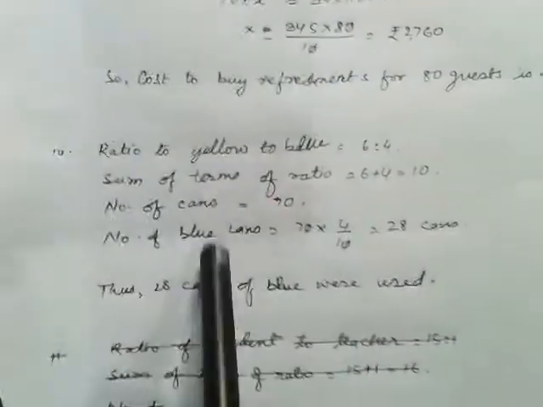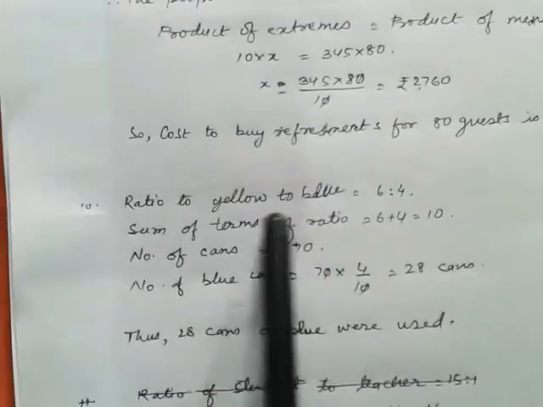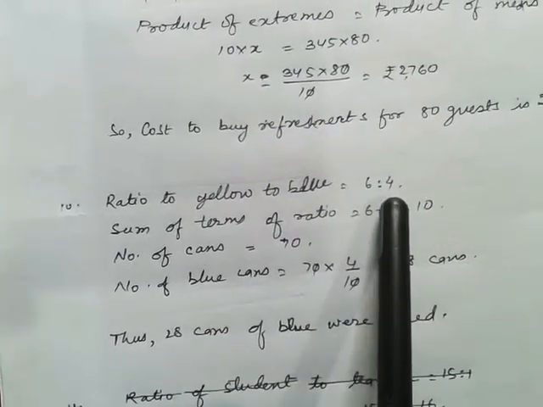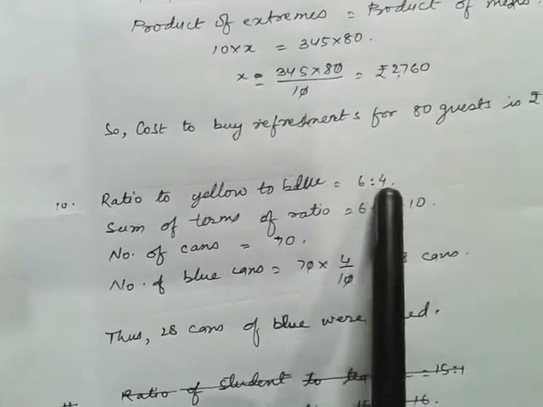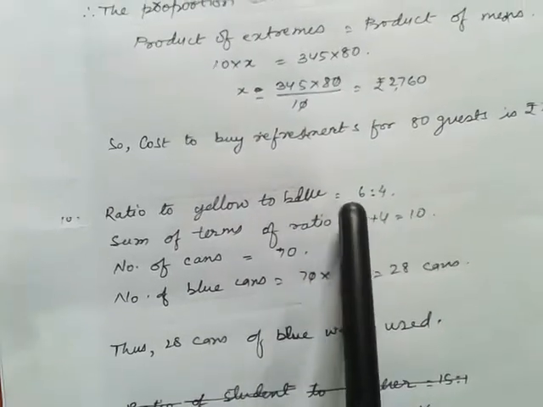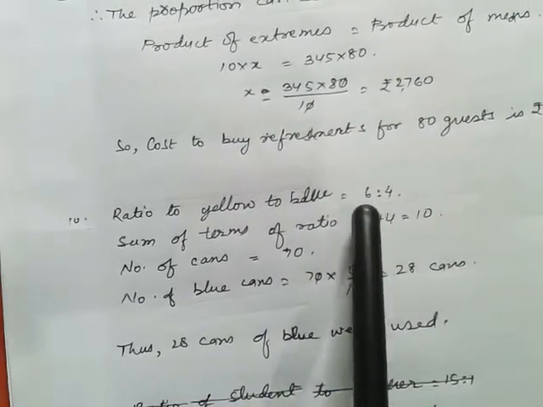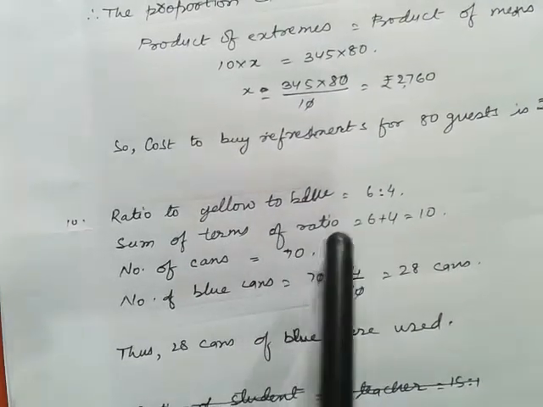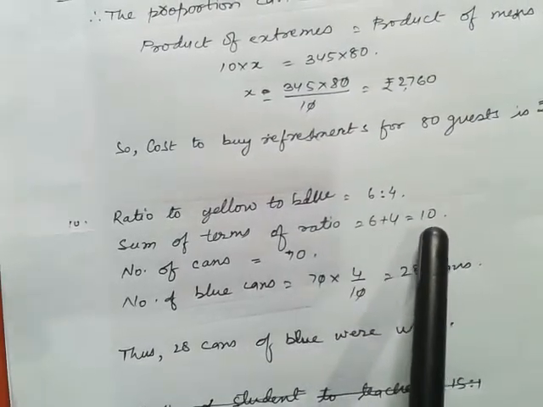First of all, we have to write the ratio of yellow to blue is 6:4. Why? Because we mix 6 parts of yellow to 4 parts of blue. The ratio is 6:4. Then the sum of the terms of the ratio equals 6 plus 4, that is 10.